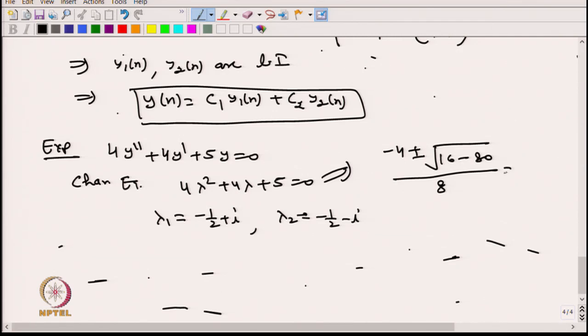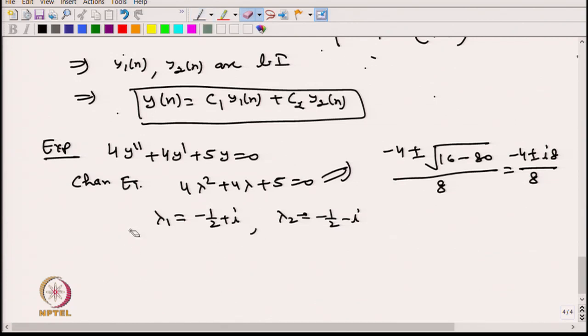So, this becomes minus 4 plus minus iota, so it will be 64, so 8 by 8. So, it will be minus half plus iota and minus iota. Now, I get the two complex solutions, lambda 1 and lambda 2 are the complex numbers.